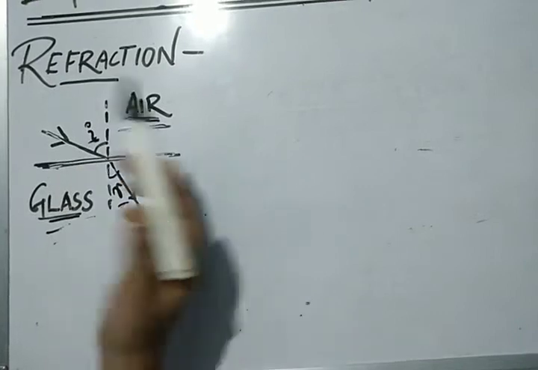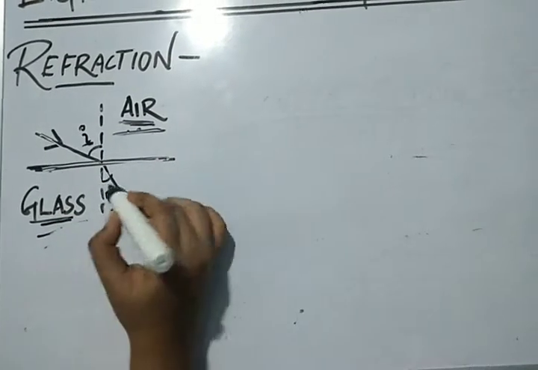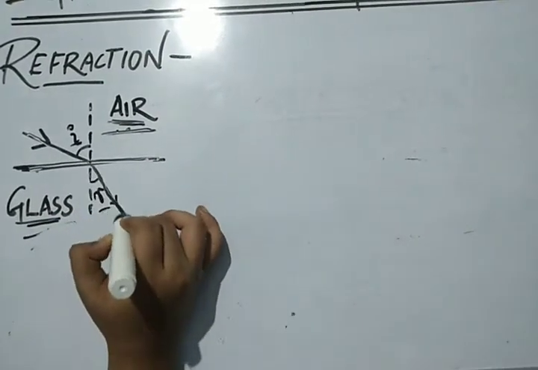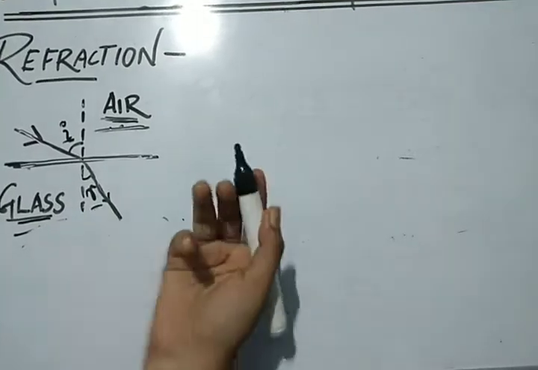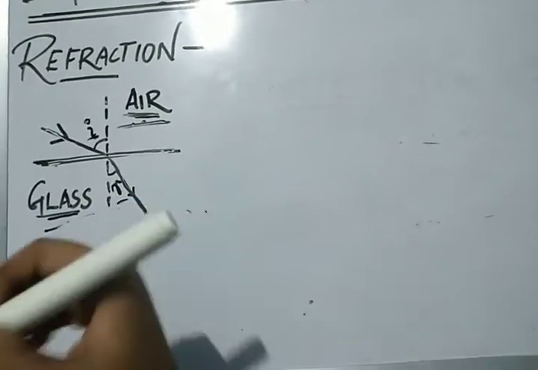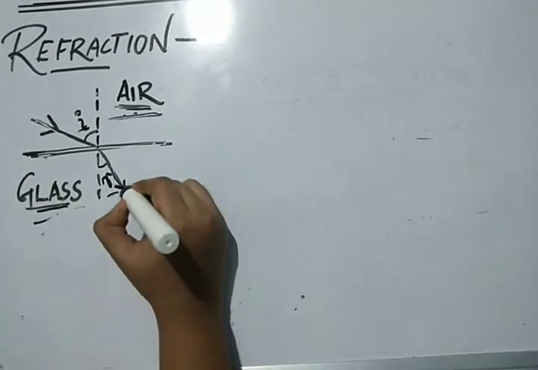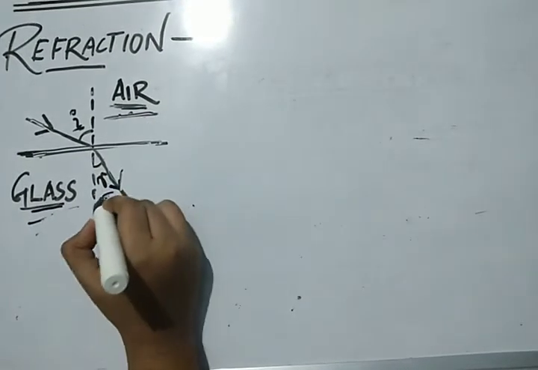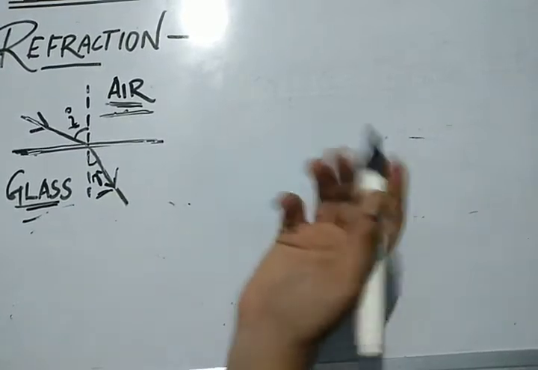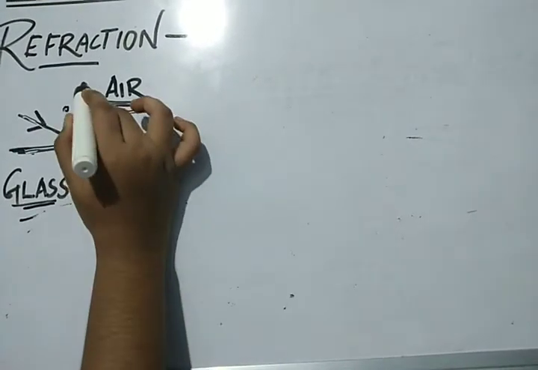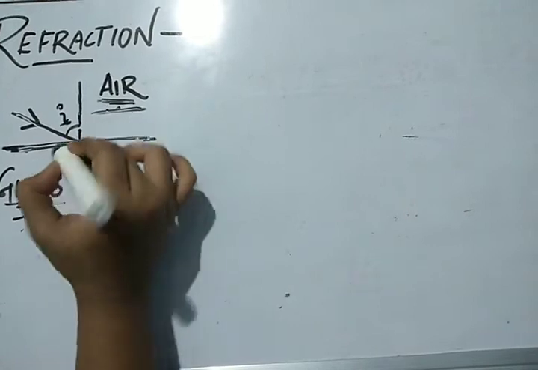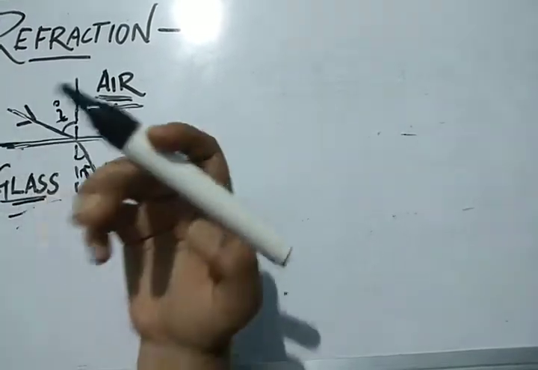And this ray which is getting refracted is the refracted ray. Here I have used the letter R. And this part, the perpendicular line, is known as the normal.